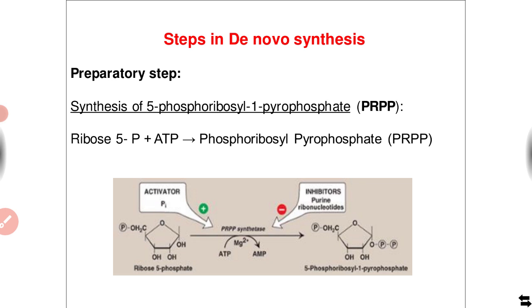This step is common for both de novo synthesis of purines and the salvage pathway. Therefore, this step plays a crucial role in the synthesis of purine nucleotides.